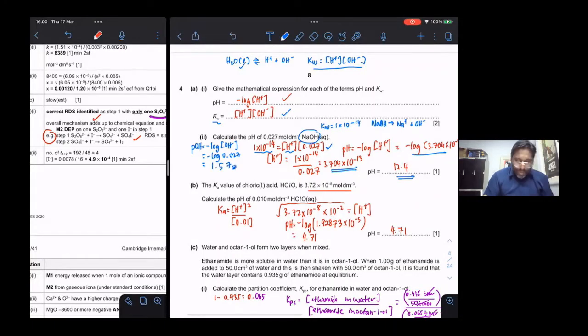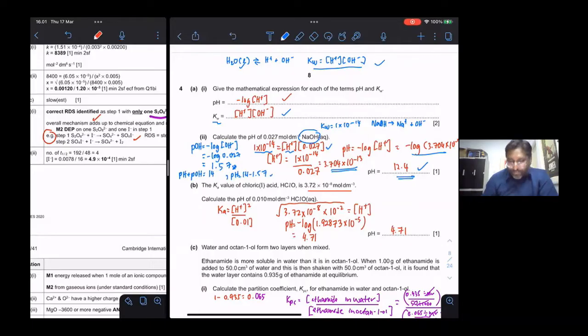That is the pOH. And do remember, because of the Kw, pH plus pOH equals 14. This is still related to the Kw. So if I want to find my pH, pH is 14 minus 1.57, which is still 12.4. Basically you just calculate and you will get this 12.4.